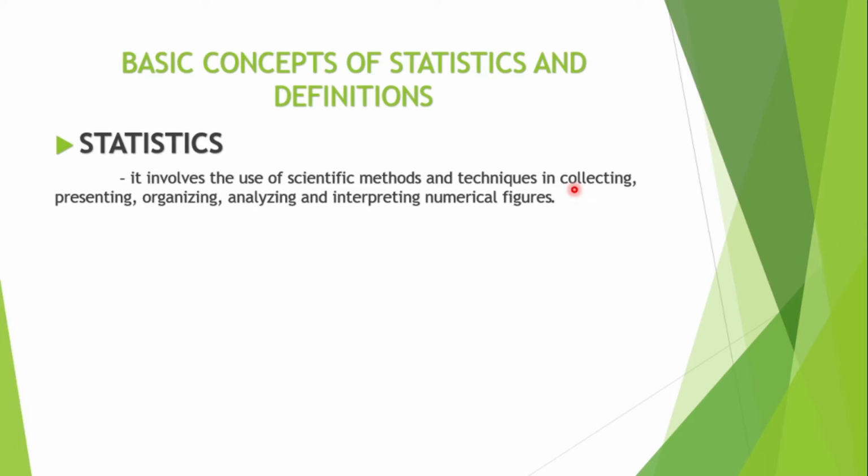So we have this enumerator that collects the data. They gathered the data, and after that, ibinibigay na nila yun sa kanilang leader, and then ina-analyze, and then after that, ibibigay na ulit doon sa Philippine Statistics Authority.